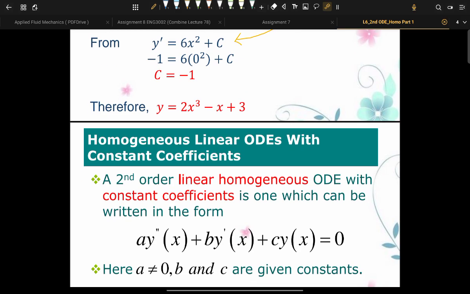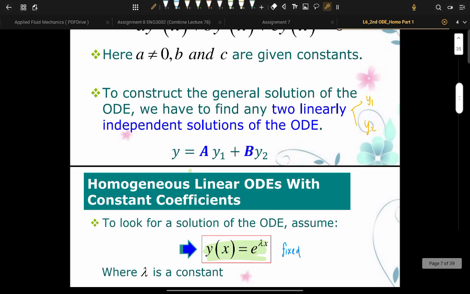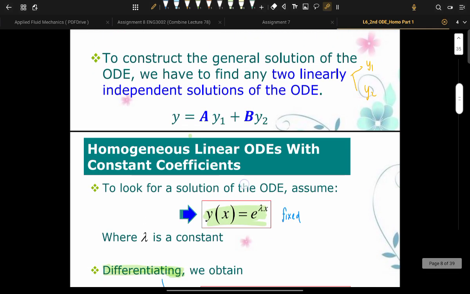This method is only used for a linear homogeneous ODE with constant coefficients. For this condition, we can only use the method that I stated early in the video, which is the summary one.